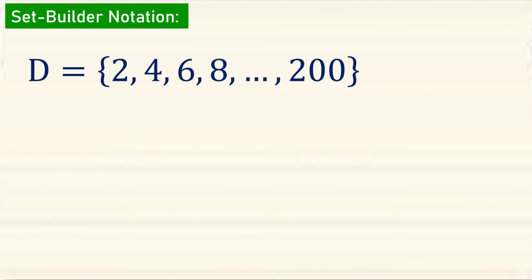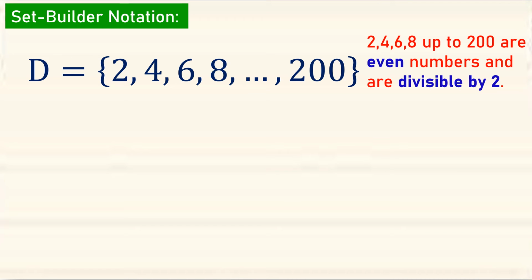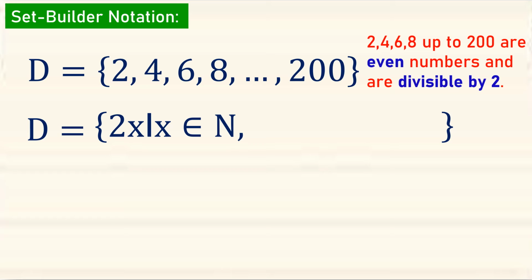Now let us have another one. If we have set D is equal to 2, 4, 6, 8 and so on and so forth, until 200. Remember that 2, 4, 6, 8 up to 200 are even numbers and are divisible by 2. So in writing this one, we have the set of all 2x such that x is an element of n, and we are going to limit it.